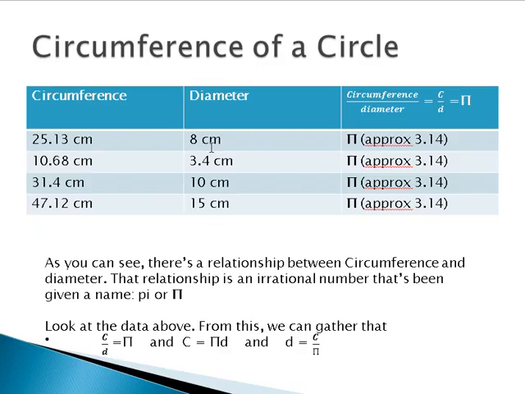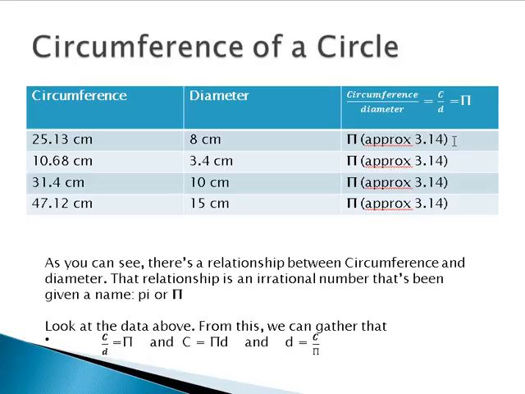The circumference of the circle. We did this in class. We measured a bunch of different cylinders, to measure the circle bases, and we found that our circumference, using the measuring tape, always had a relationship with the diameter. That relationship is that if you divide C by D, it will result in a number, and we got somewhere near, but not exactly, 3.14, or a magical irrational number called pi.